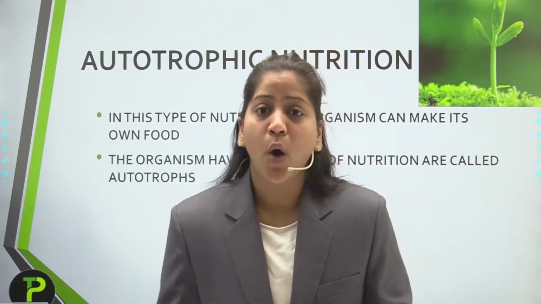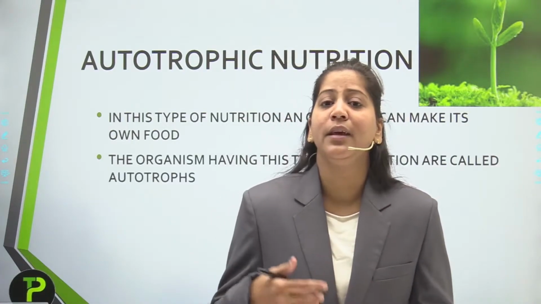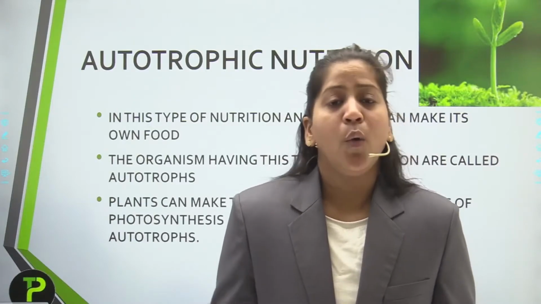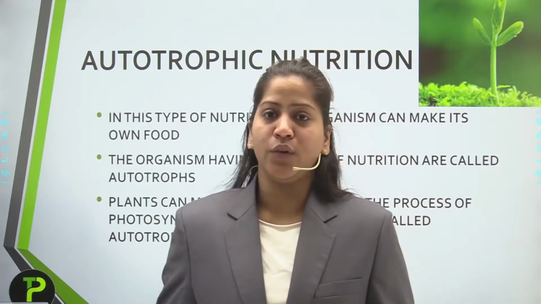Now, the organisms which make their own food are known as autotrophic organisms or autotrophs. And the type of nutrition by which they are getting nutrients is known as autotrophic nutrition. What are the examples of autotrophic nutrition?